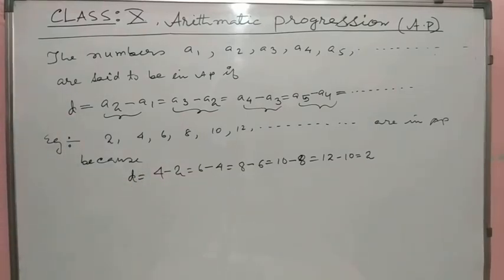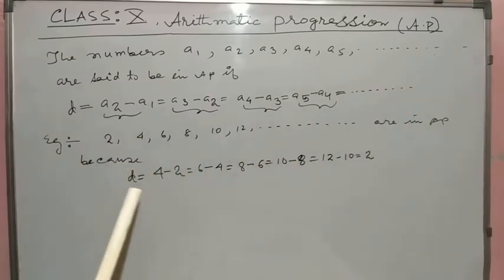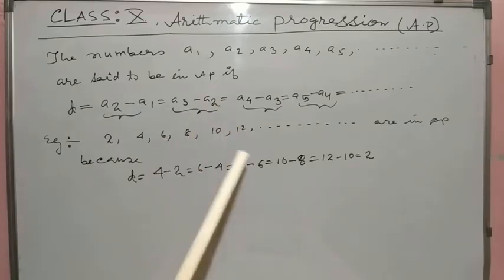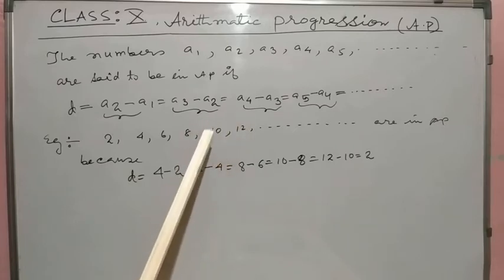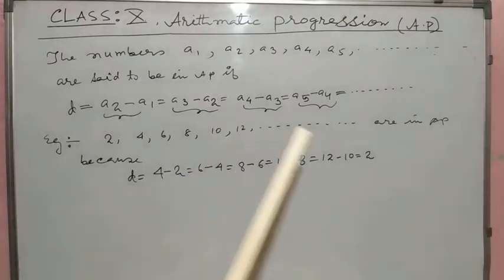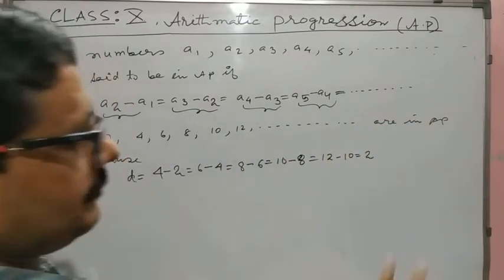Got the point? So this list of numbers is in AP because whatever second term minus first term came out to be, third term minus second term will be the same, fourth term minus third term the same, fifth term minus fourth term the same, and sixth term minus fifth term the same. That is why these are in AP.